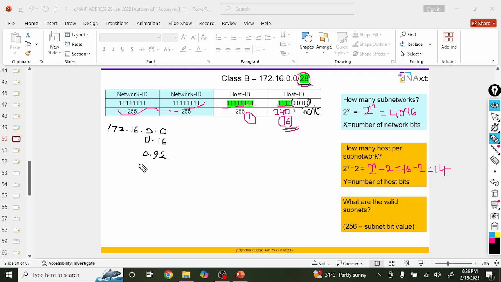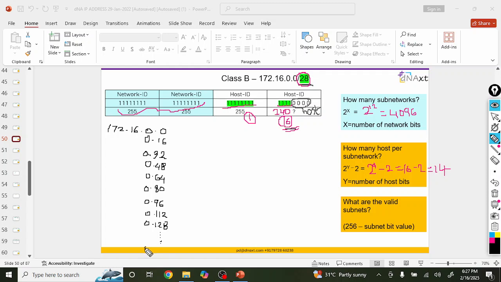So 0.0, 0.16, 0.32, 0.48, 0.64, 0.80, 0.96, 0.112, increment of 16, we are increasing it. 16 plus 16, 32, 32 plus 16, 48, 48 plus 16, 64, 64 plus 16, 80, 80 plus 16, 96, 96 plus 16, 112, 112 plus 16, 128, 128 plus 16, 144.